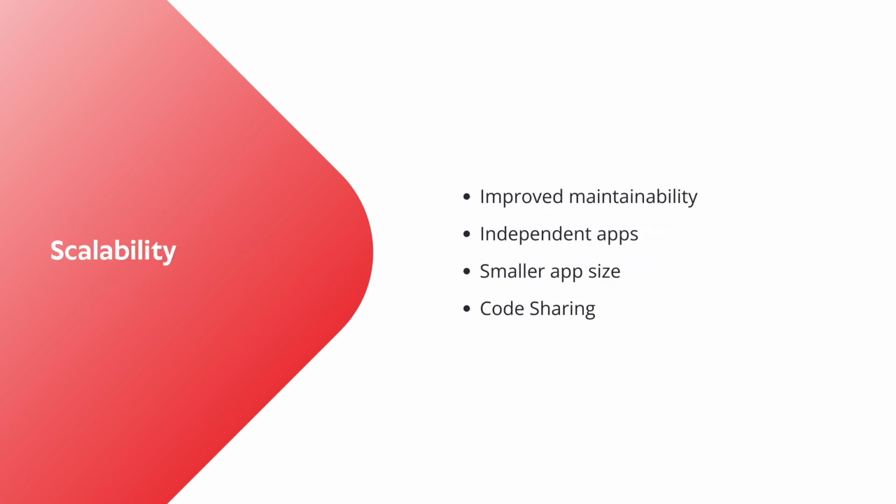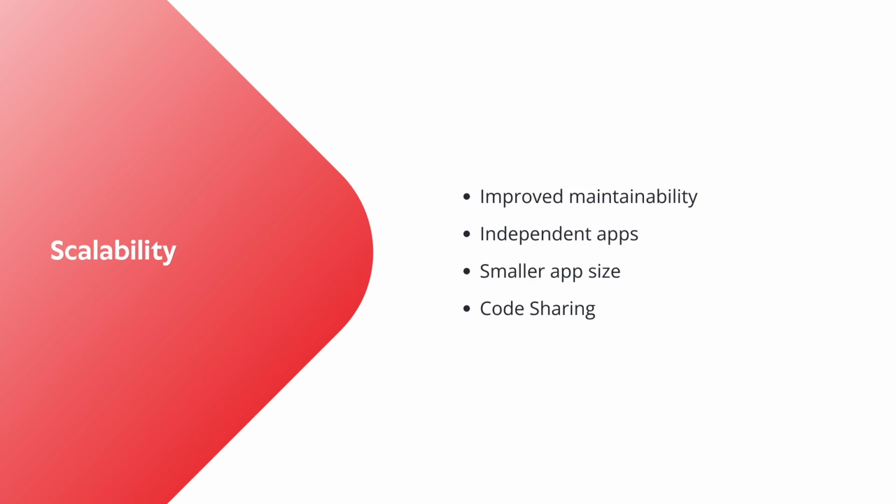Okay, next thing is scalability. As you can see, we are dividing the entire infrastructure into several small applications. So now we have improved maintainability. By that, we mean we don't have to go through a lot of chunks of code, and managing things becomes much easier if we have divided those complex things into much smaller scale.